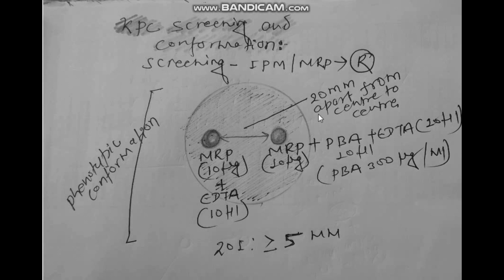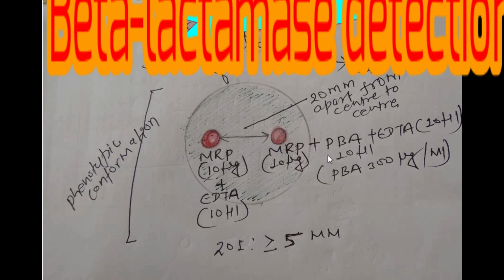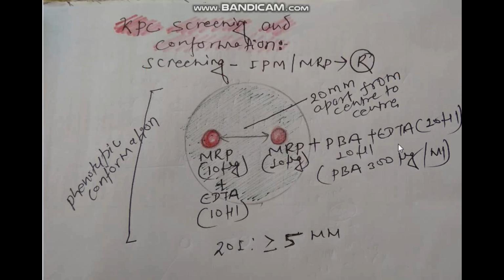The organism, 0.5 McFarland standard, inoculated with meropenem and meropenem combination, that is phenylboronic acid plus EDTA.